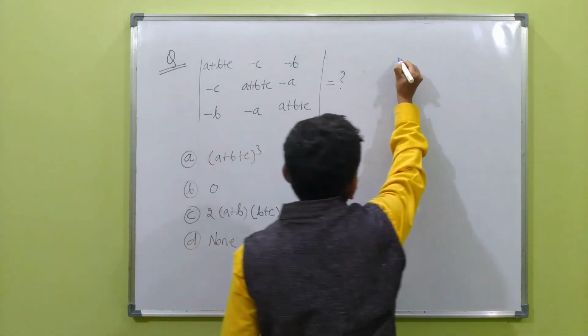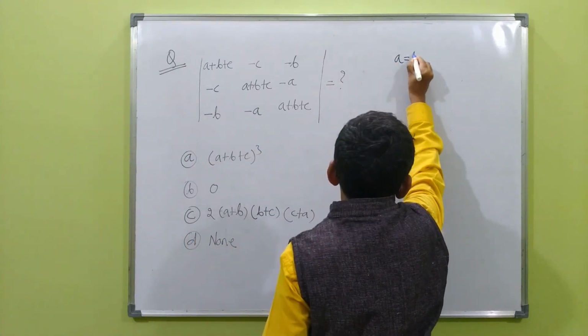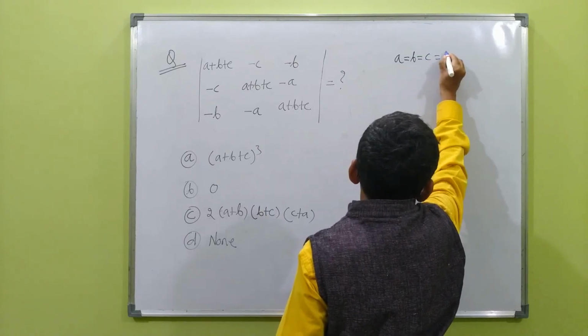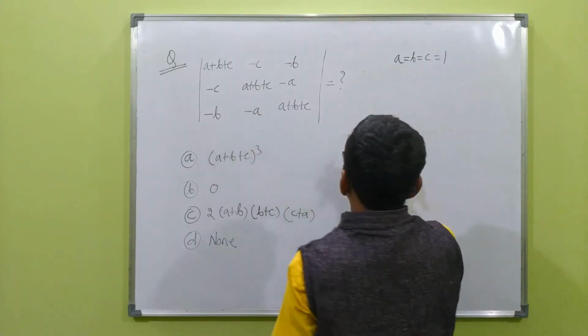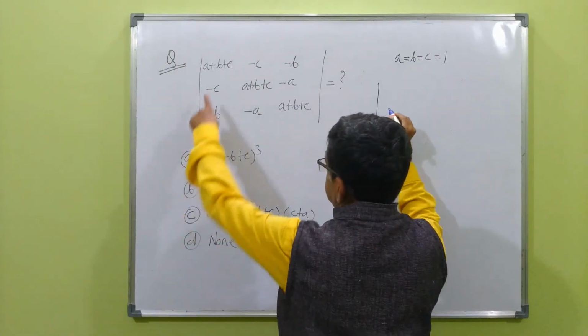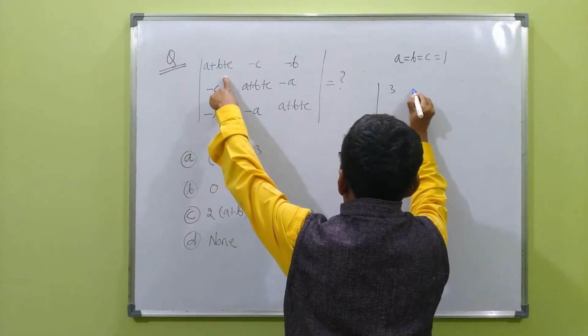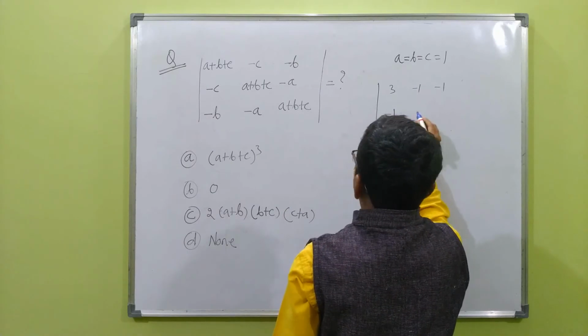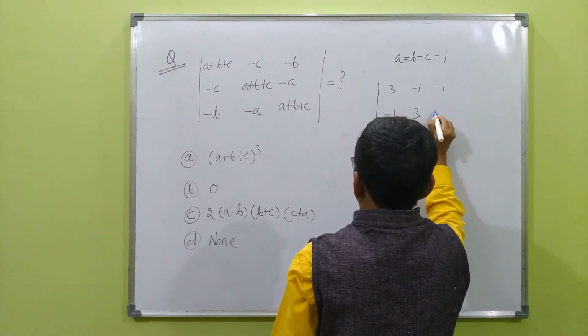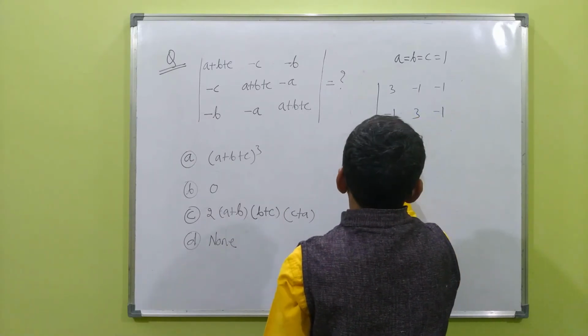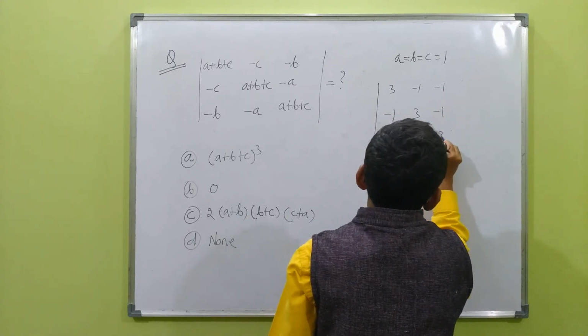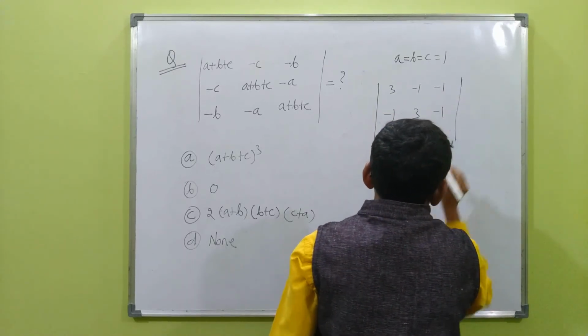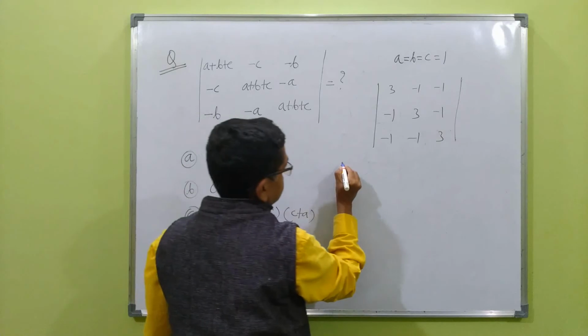So let us take A is equal to B is equal to C is equal to 1. Then the given determinant becomes 3 minus 1 minus 1, minus 1 3 and minus 1, so minus 1 and 3. Now expand this.